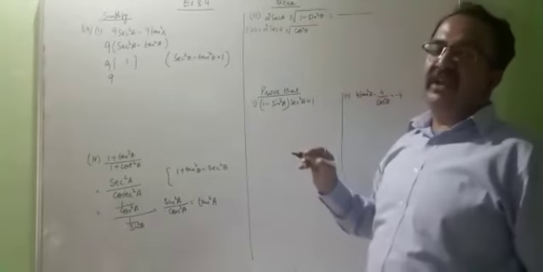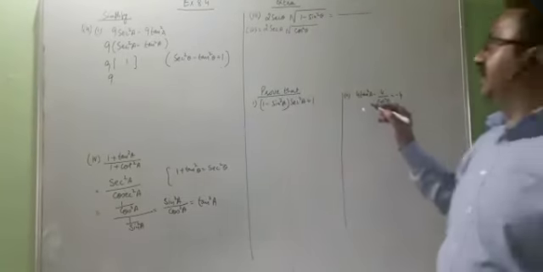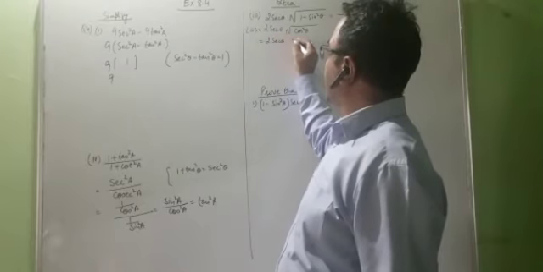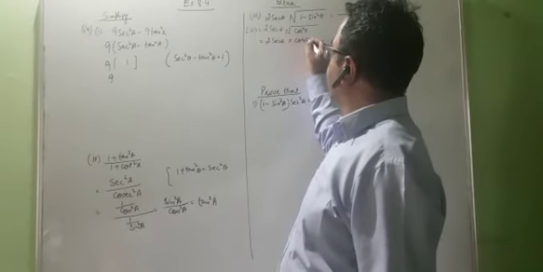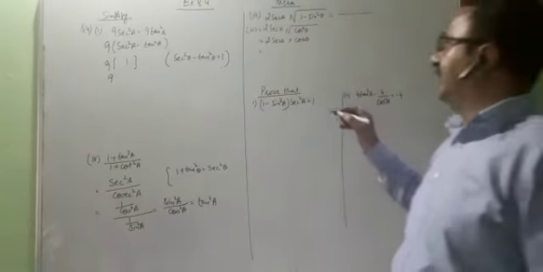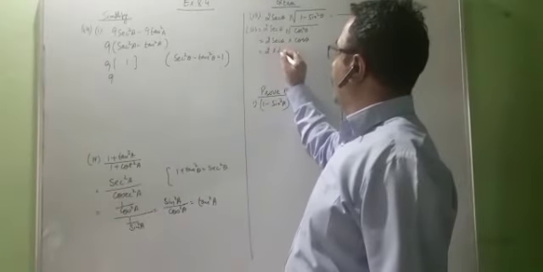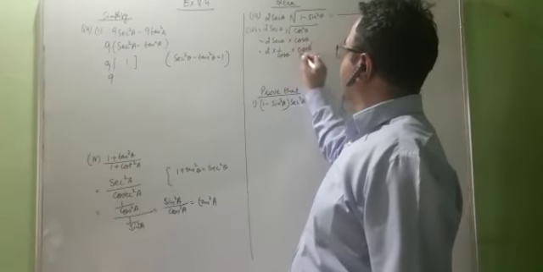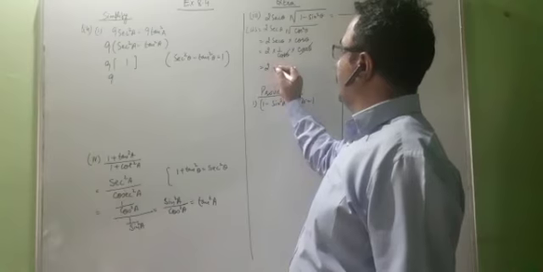Now root can only cancel if there is a square inside. So 2 secant theta into cos theta. Secant theta is the reciprocal of cos, so cos and cos will cancel out. So the answer is 2.